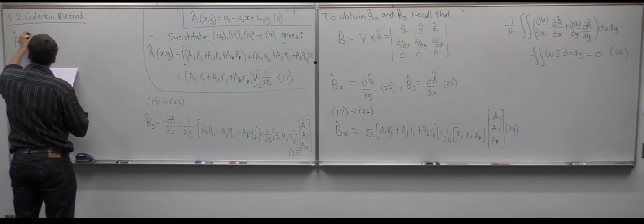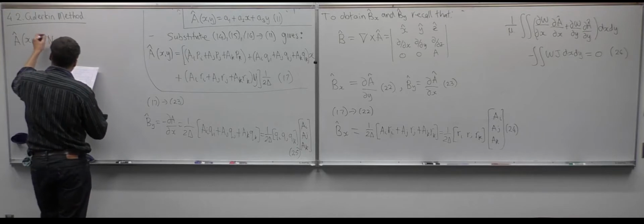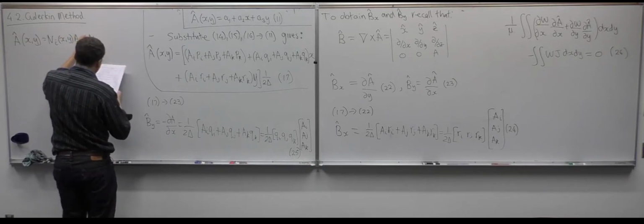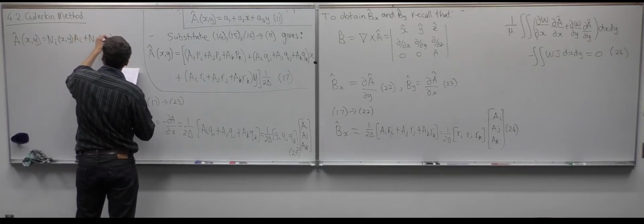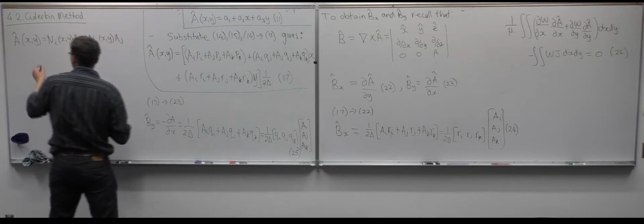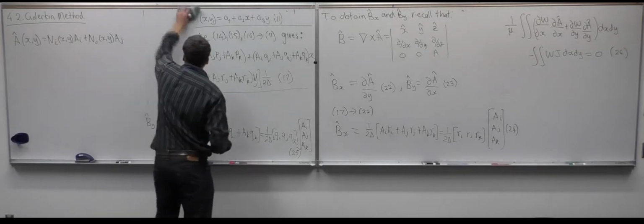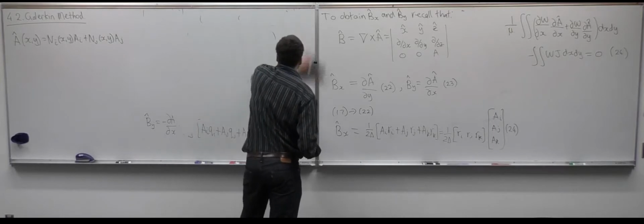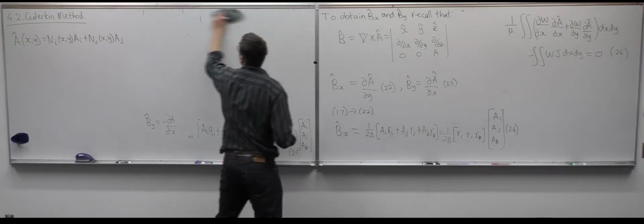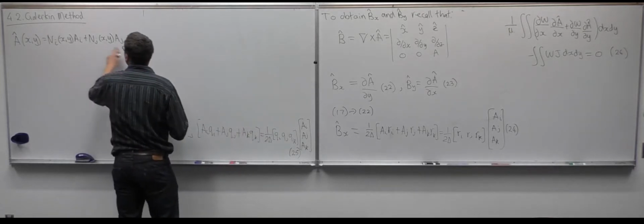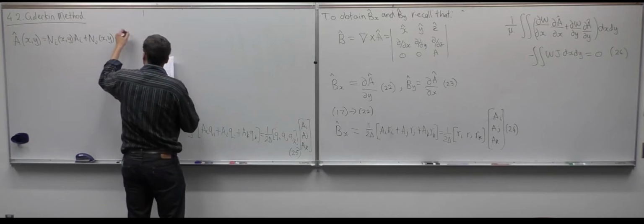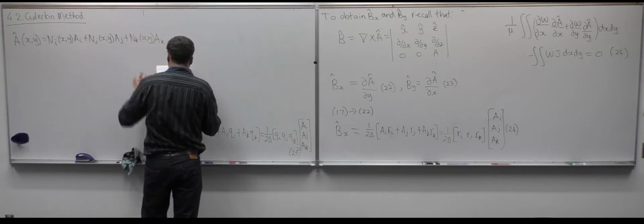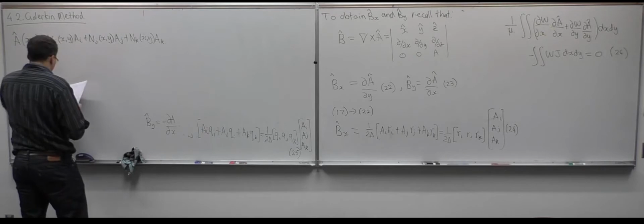So we have that the trial function is written in terms of Ni Ai plus Nj Aj plus Nk Ak. Okay, so we could write this in a matrix form.